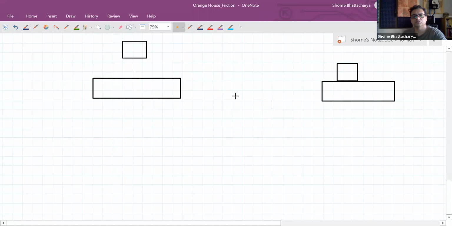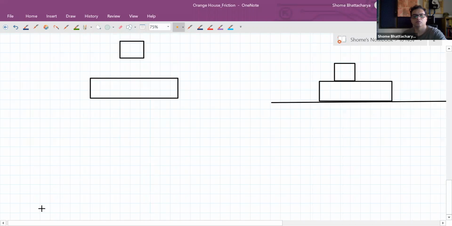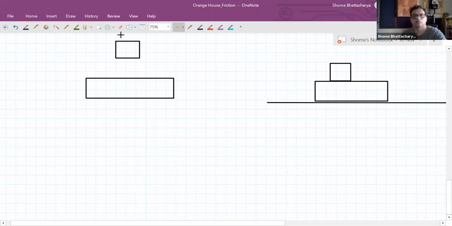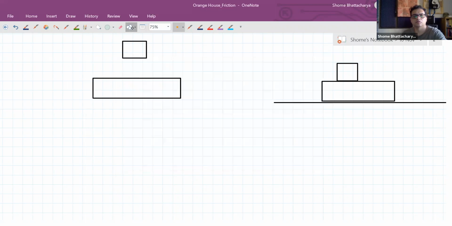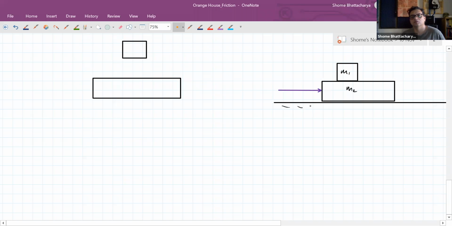Smooth horizontal surface. We are applying a force like this. So this was the situation.